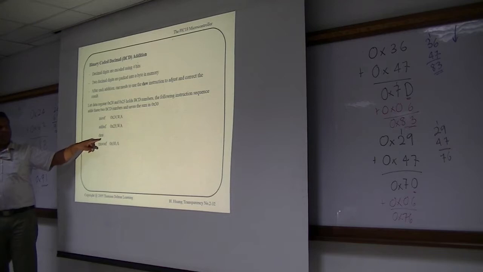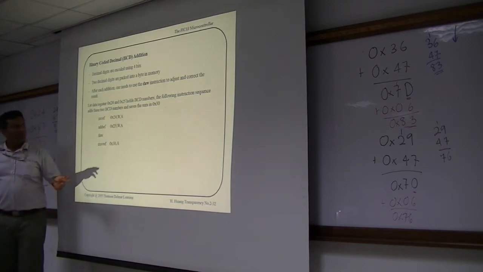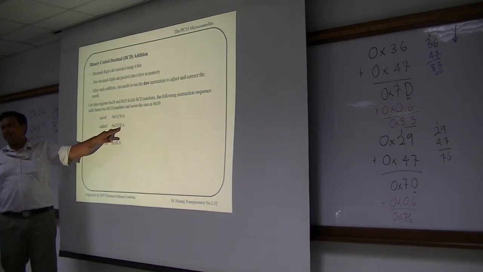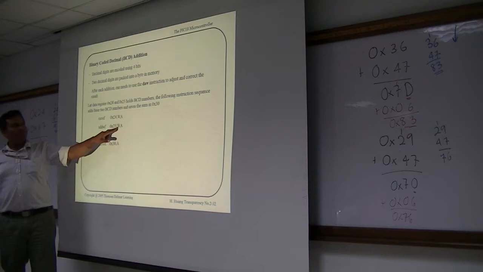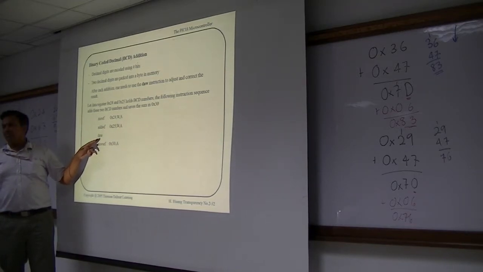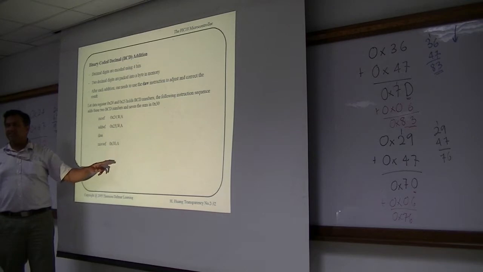So this instruction is decimal adjust working register, which means this one you have no choice but to put the answer in the working register. If you put this in a file, there is no DAF, there is only DAW, decimal adjust working register. So the answer you must store at the working register.